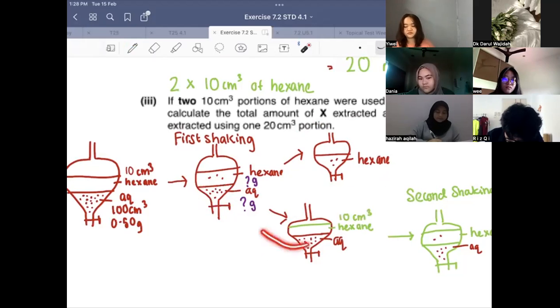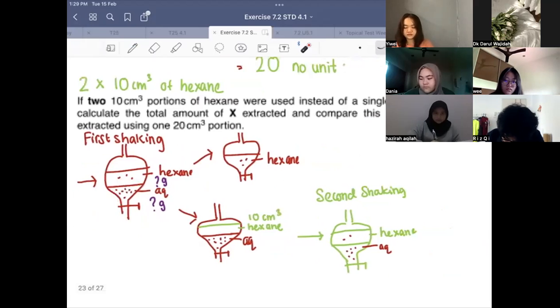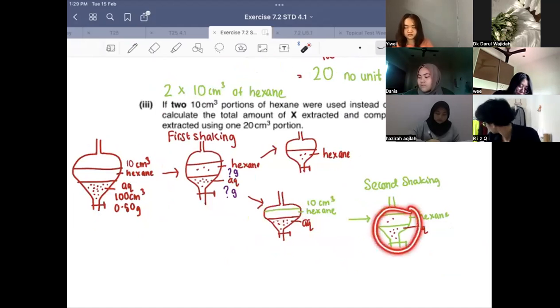You use the aqueous layer from the first shaking. Is that okay? Okay. And then of course, initially, now I use green color so that you know that the hexane is a new sample, a fresh hexane, and initially there wouldn't be any solute X in that new hexane layer. Only after shaking, I should see some of my solute X moving into that layer.